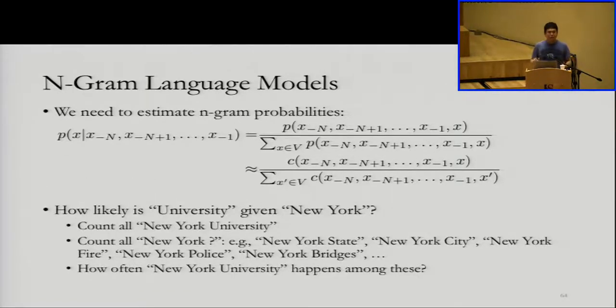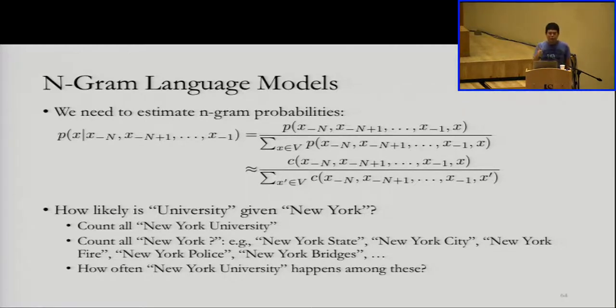Examples are always good. Let's say I want to estimate how likely "university" is to follow the phrase "New York". First, I count all the occurrences of "New York University" in, let's say, Wikipedia or whatever corpus you have. Then I count all phrases that start with "New York" and end with some word.